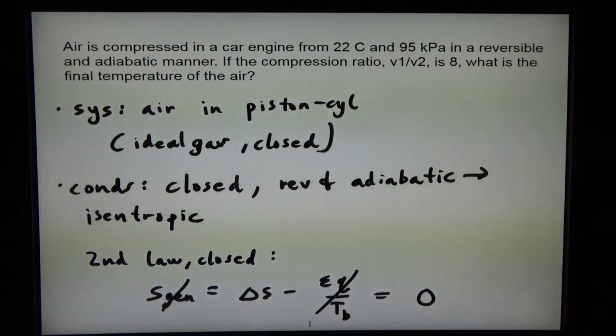So what this is going to give us is an equation V1 to V2 is equal to 8, and then that's going to be equal to something with P1, P2, T1, and T2 inside the equation. So we're looking for T2. We know T1 and P1, but we still don't know P2 in this equation, so it still has two unknowns.